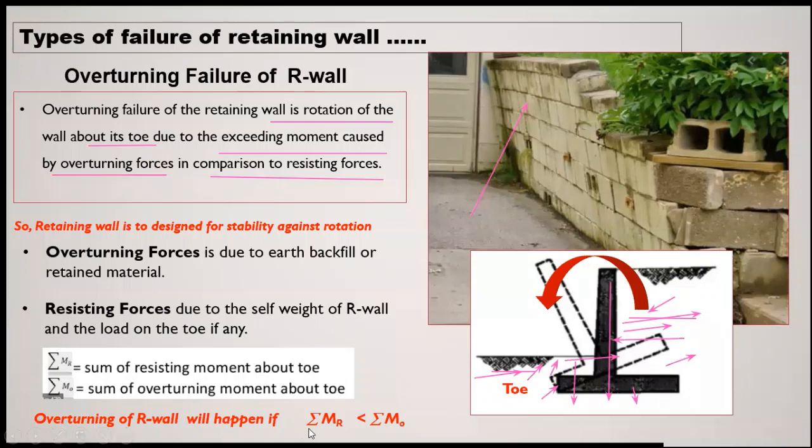Overturning of a retaining wall will happen if the sum of the resisting moments is less than the sum of the overturning moments. During design, we will check it and apply corrections, whatever we require. So our design should be such that the retaining wall is stable against sliding as well as rotation.